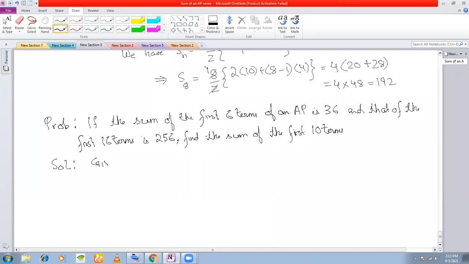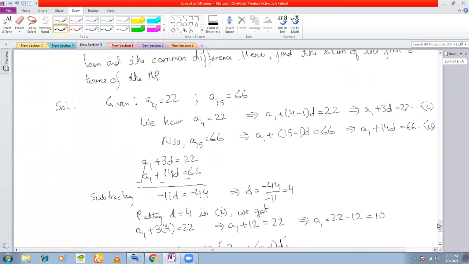So given here, sum of the first 6 terms, that means S6 is given to you, 36. And that of the first 16 terms, that means S16 is given to you as 256. Now, just as in the last problem, the fourth term and the 15th term were given, from which we were finding out D and A1.